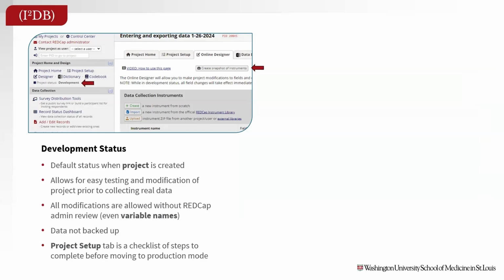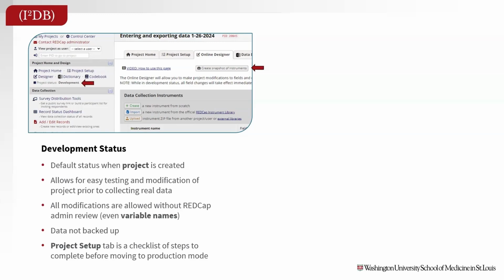When you're in development mode and you're not collecting real patient or participant data, you can do as much testing and modifying as you want. I encourage you to. You're not going to break REDCap by testing things in REDCap. So I encourage you to try some of the different features on projects in development mode.